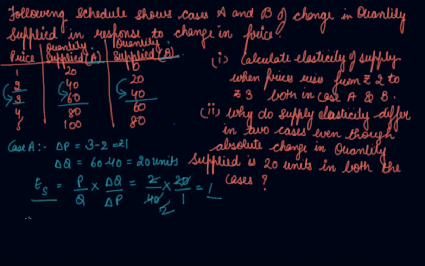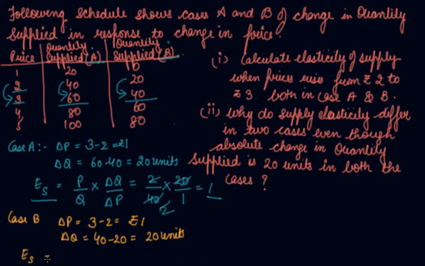Now let's take case B. Change in price is the same, rupees 3 minus 2, that is rupee 1. And change in quantity is 40 minus 20, that is 20 units. Let's see the elasticity of supply now.